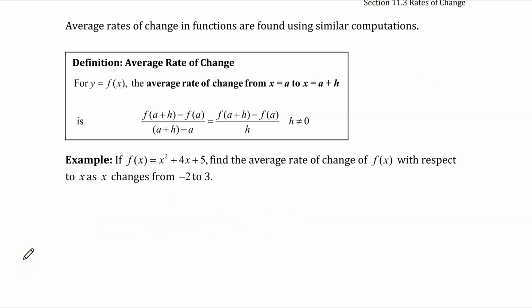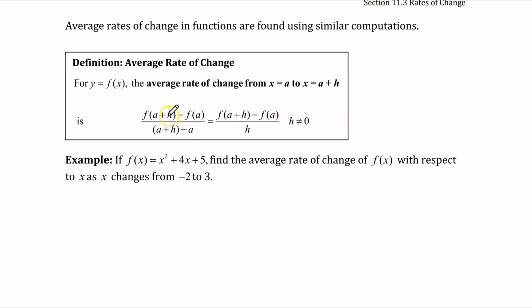Now, the average rates of change in functions are found using similar computations. For instance, for y equal to f of x, the average rate of change from point x equals a to point x equals a plus h is given by this formula here.